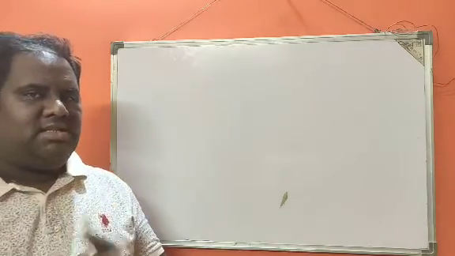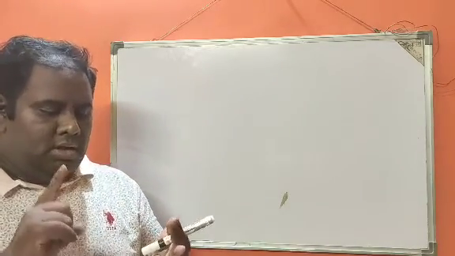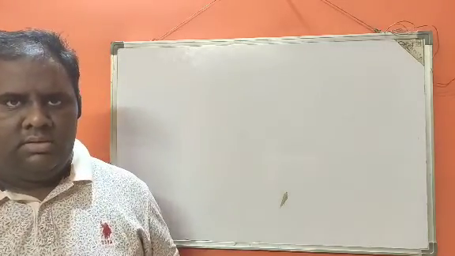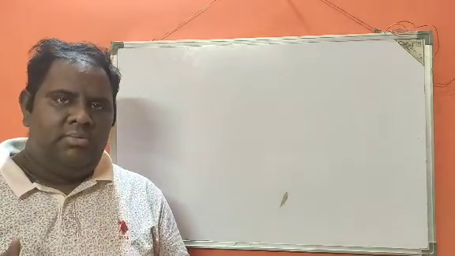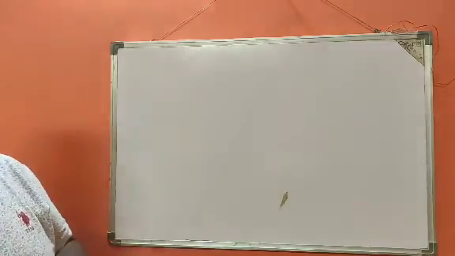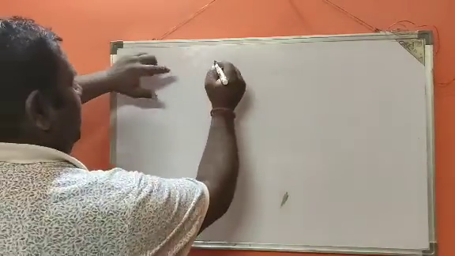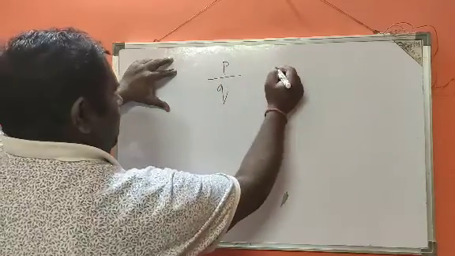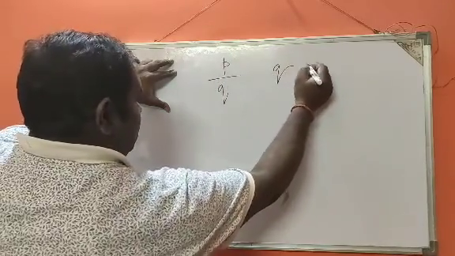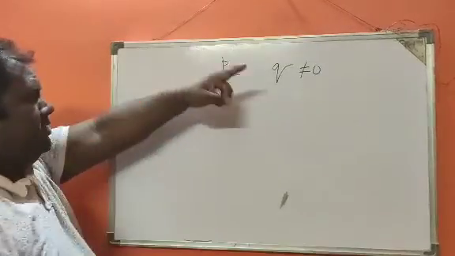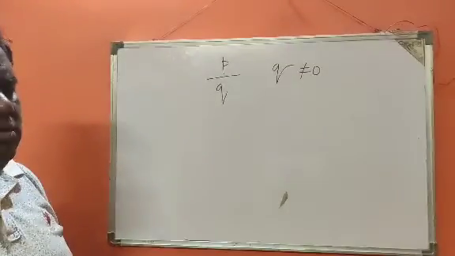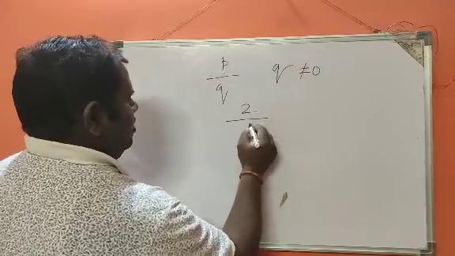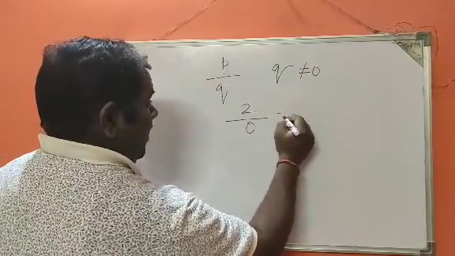I told you, still in the natural numbers, in the whole numbers, in the integers there is no fraction. Fractions start with the rational numbers. A number which can be written in the form of p upon q, where q should not be equal to 0. Why is q not equal to 0? Because any number upon 0 is not defined.